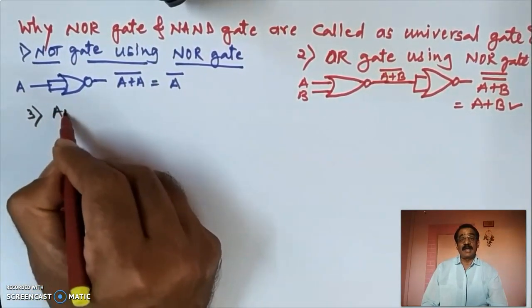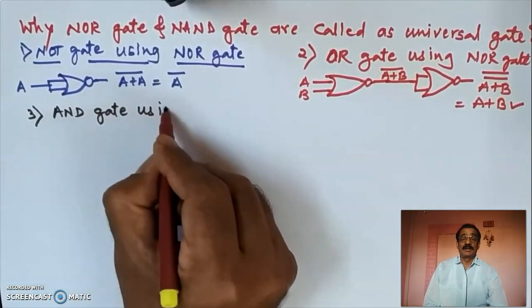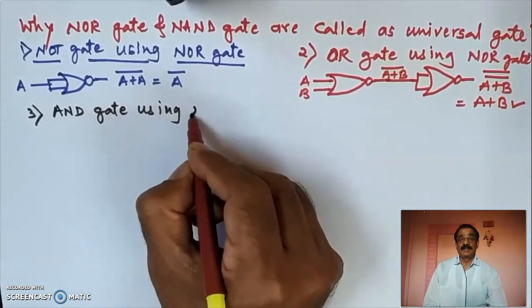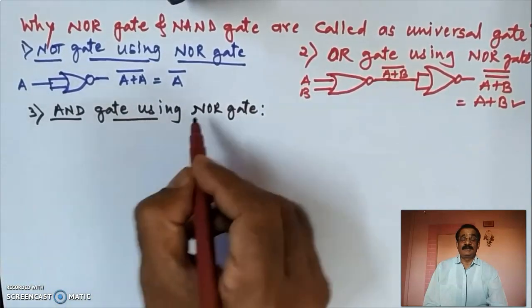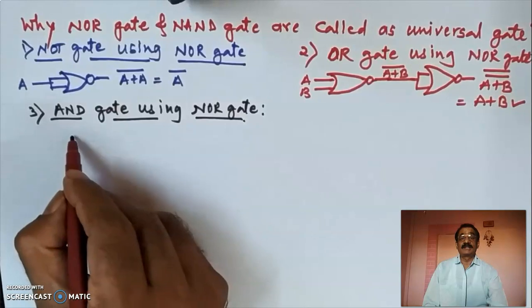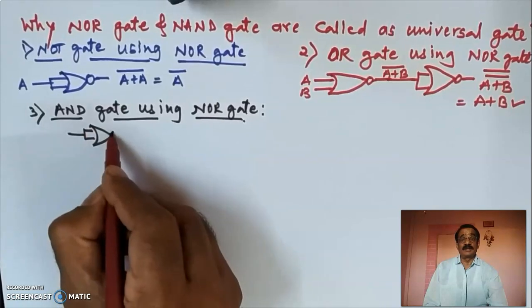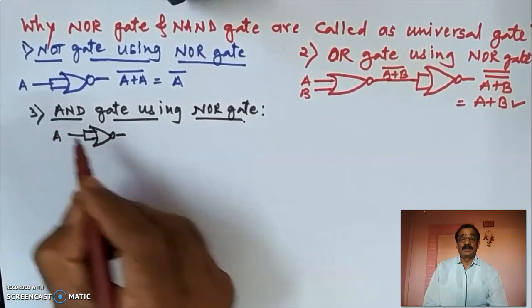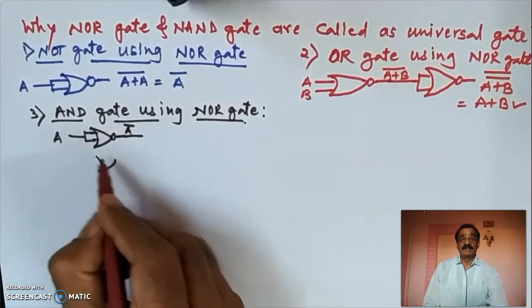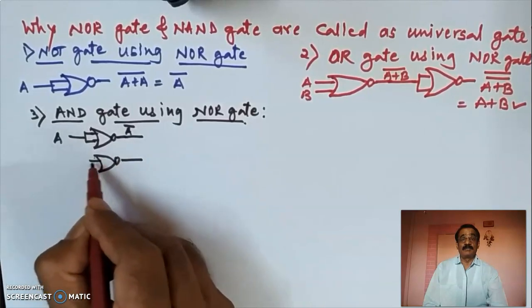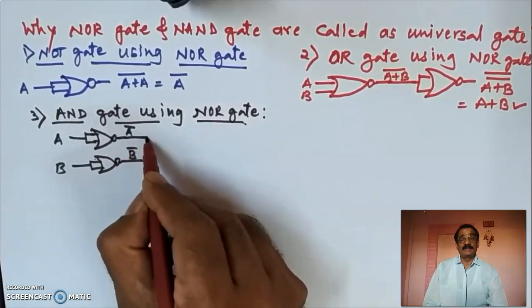And last, how the AND gate is constructed using the NOR gate. Friends, first take the complements of both inputs. So draw the NOT gate using the NOR gate. Hence we get A complement at the output of the NOT gate. Similarly, we get B complement at the output of the second NOT gate.